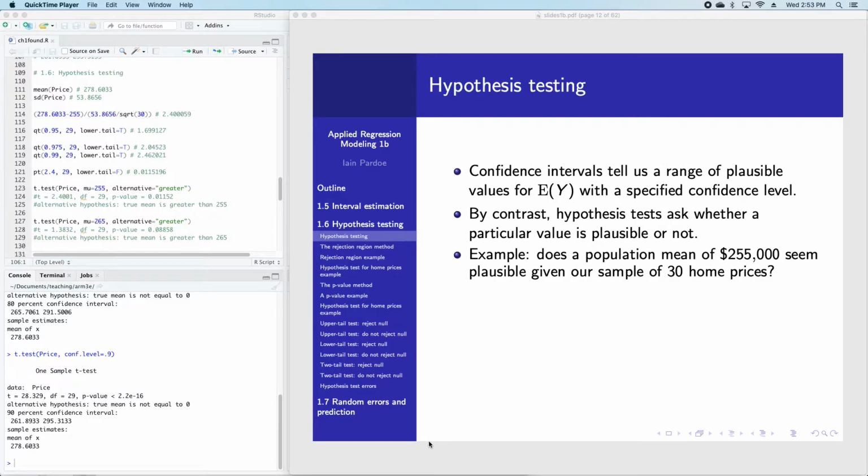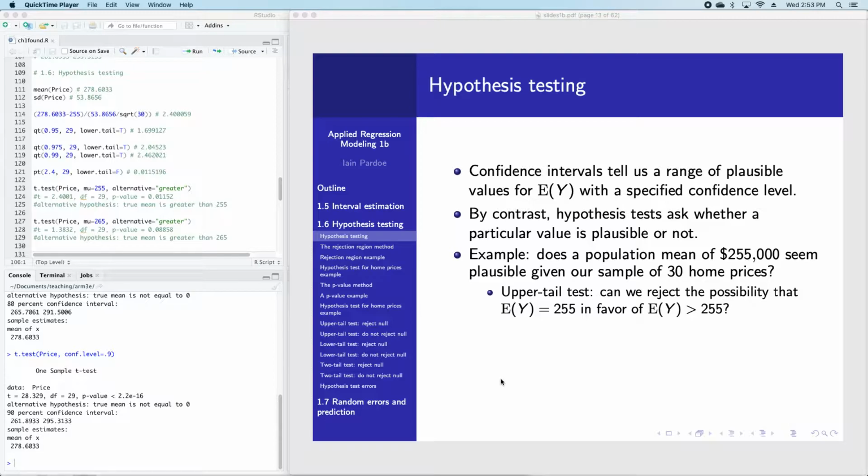So to put this in context, we're going to think about our home prices and ask the question, does a population mean of $255,000 seem plausible given our sample of 30 home prices? So there are different flavors of hypothesis test that we can think about.